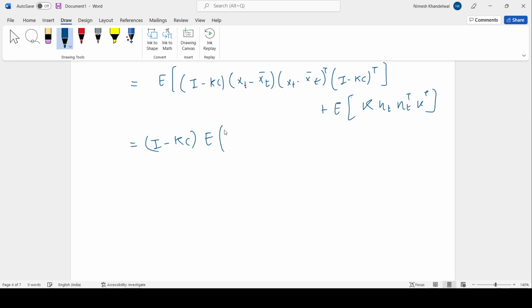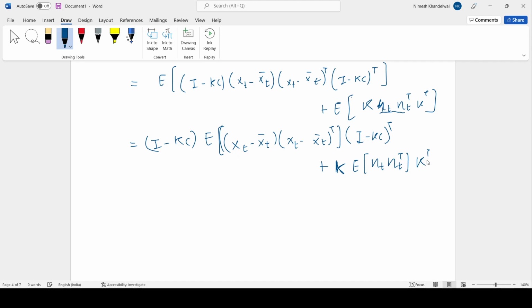This is my expectation of x of t minus x bar of t times x of t minus x bar of t transpose, with I minus K C transpose, plus, now since eta does not depend on K, and K is a constant essentially for this random process, we can take out K, and this then becomes eta t transpose K transpose.